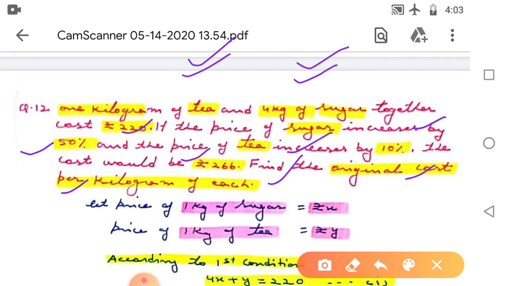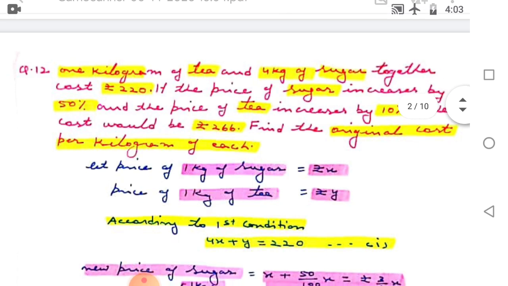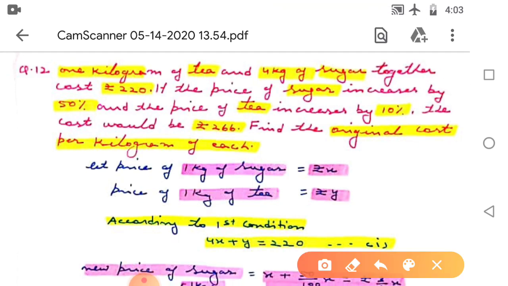So let the price of 1 kilogram of sugar be X rupees, and the price of 1 kilogram of tea be Y rupees. Clear? Now, according to the first condition, the price of 1 kg of sugar is X rupees.